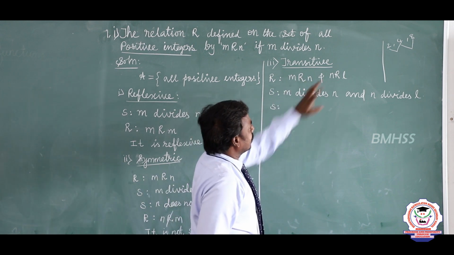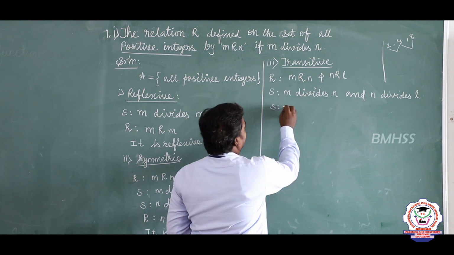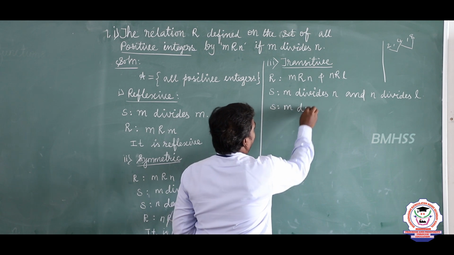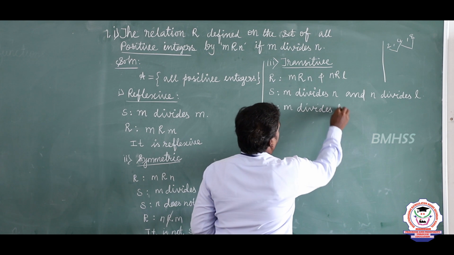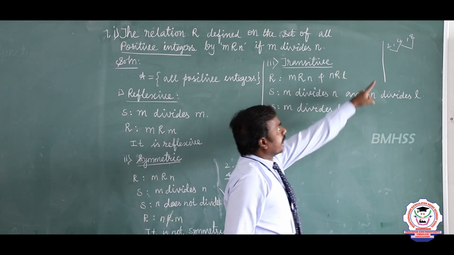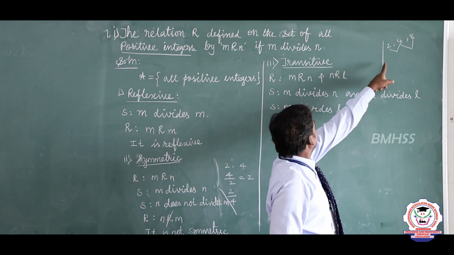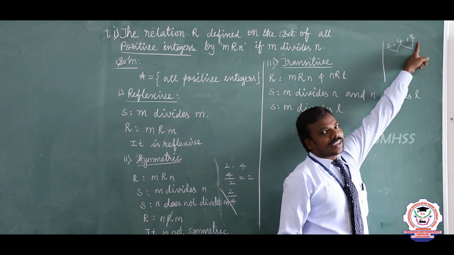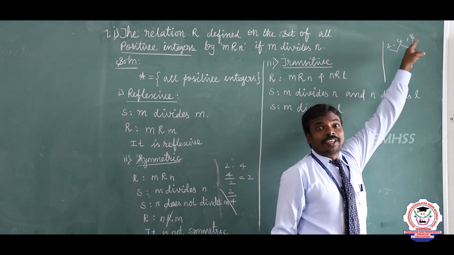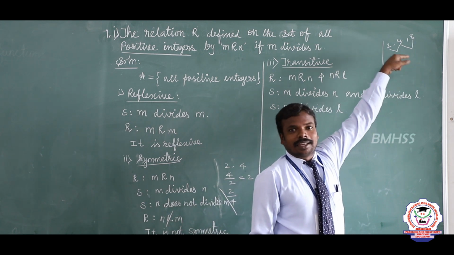Therefore, in the statement, m divides l. The value of m is 2, the value of l is 8. 2 divides 8. It is possible.